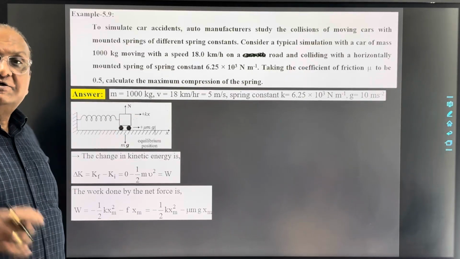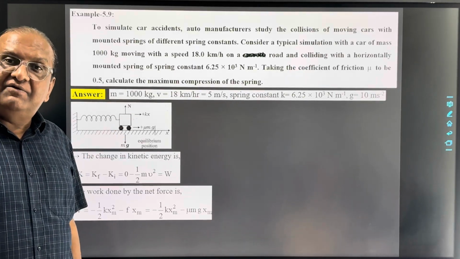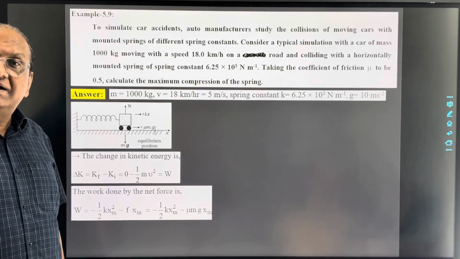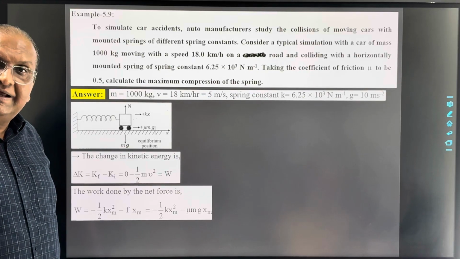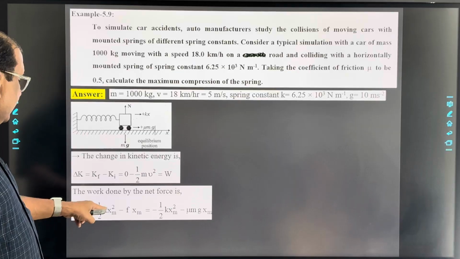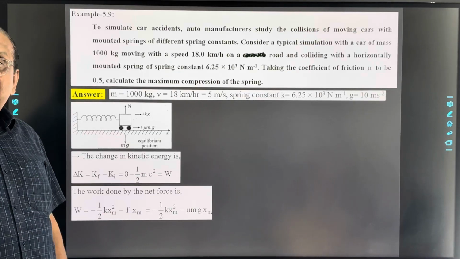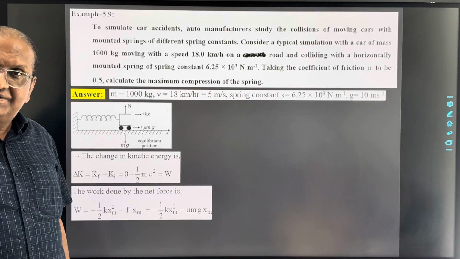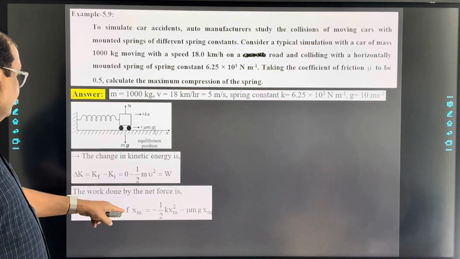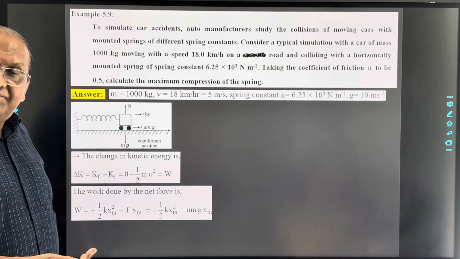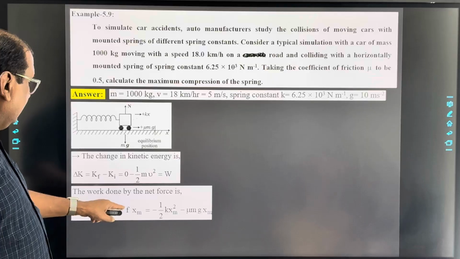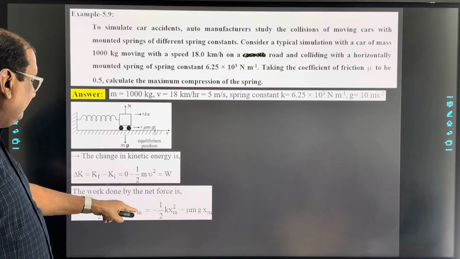Now the spring force is a variable force, and the work done under the effect of a variable force we calculated in the case of the spring, and that is equal to half k xm square, where xm is its maximum compression. Now for xm displacement, the work done by the frictional force is frictional force into xm.